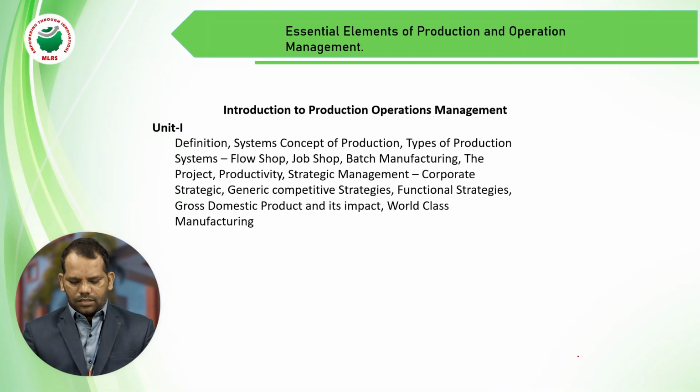Today we would like to explain the definition, system concept of production, types of production system, flow shop, job shop, batch shop, the project, productivity, strategic management, corporate strategy, general competitive strategies, functional strategies, gross domestic product and its impact, world class manufacturing.